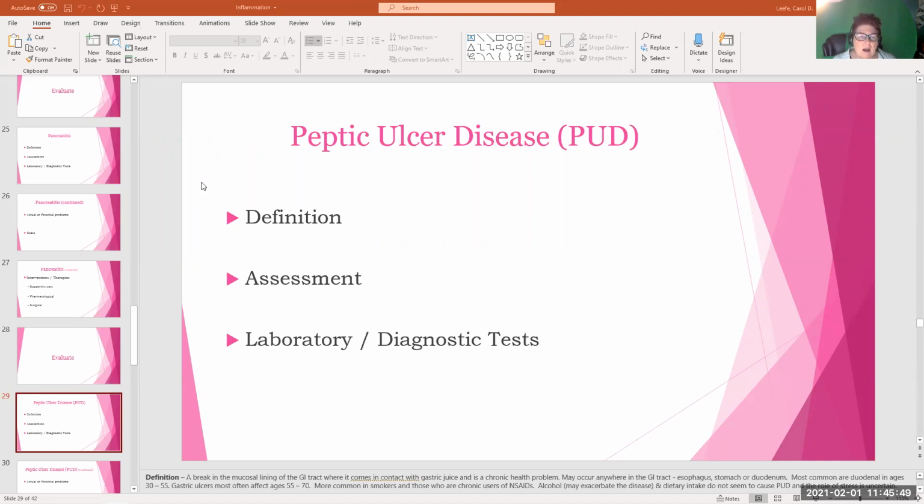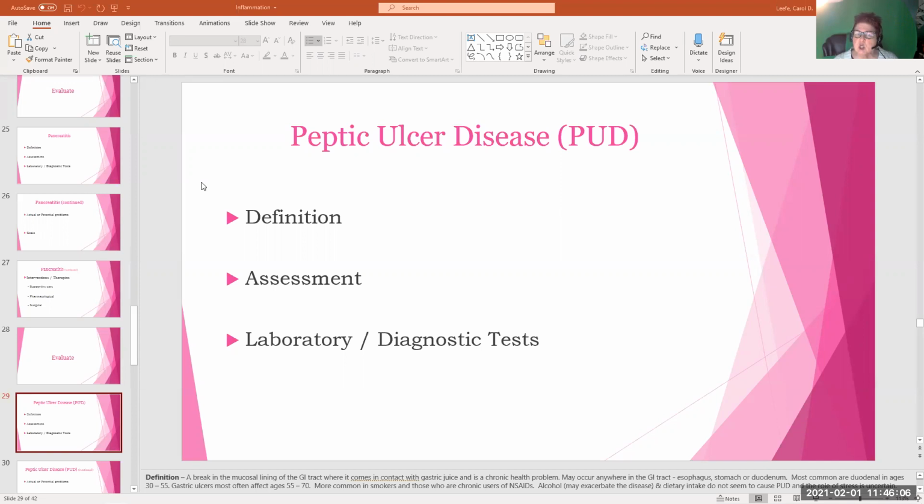You have to watch for hypovolemic shock, which includes low blood pressure and tachycardia, so be vigilant with that.